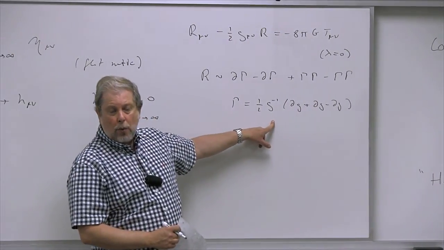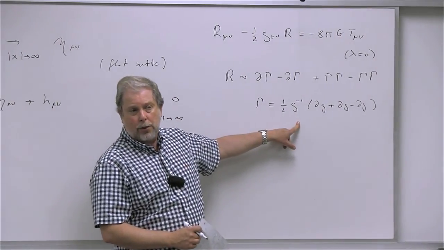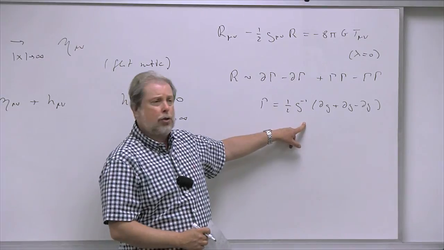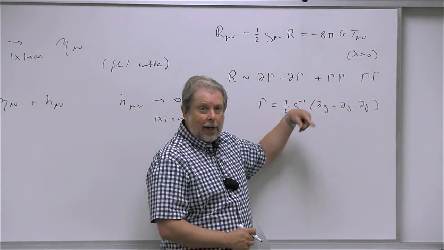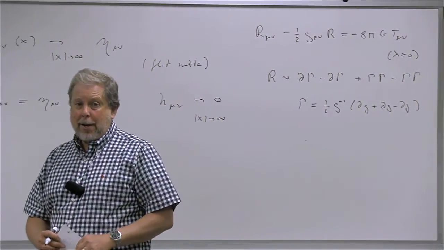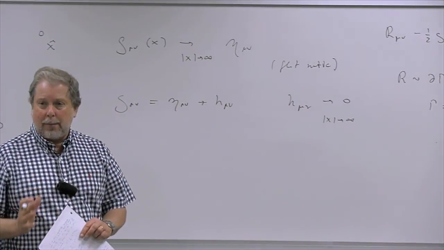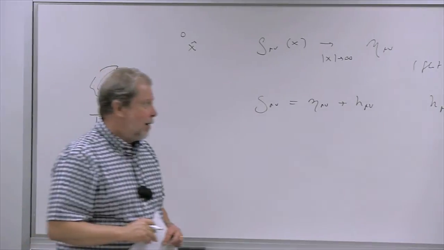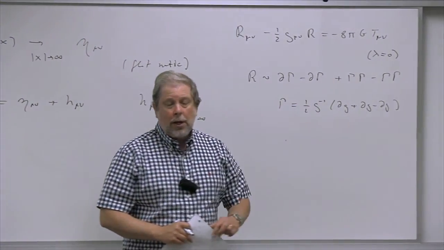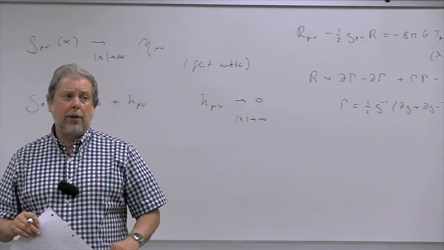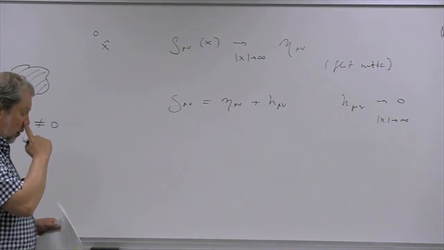And the g^-1 is 1 over 1 plus h, which is essentially 1 minus h, right? So we can expand this here. And then we plug that expansion in there, and we keep on expanding. And in the end, you get something that is much more tractable. You get an expression that instead of having determinants of the metric and things of that sort, involves a much simpler combination of the h, right?